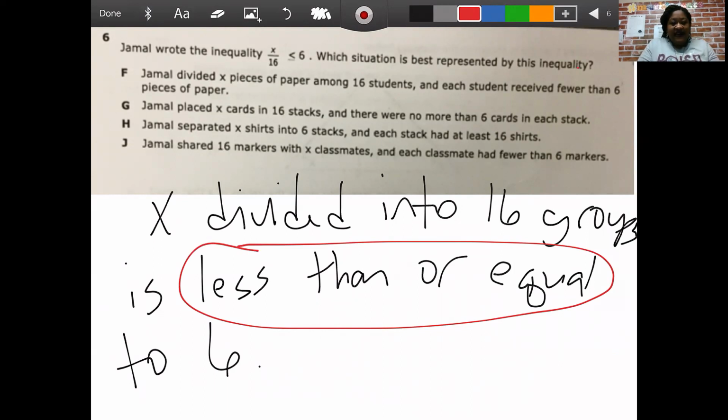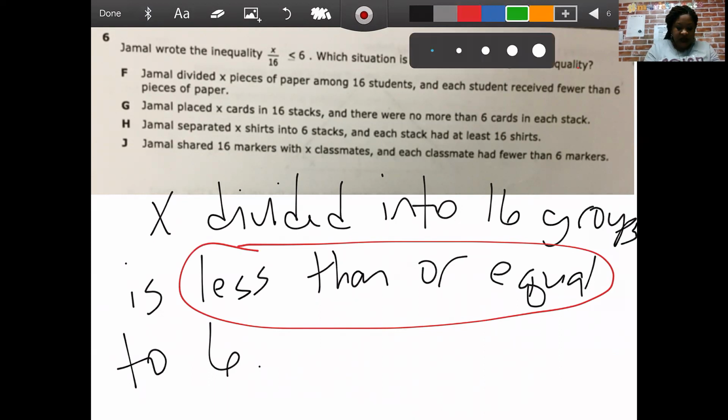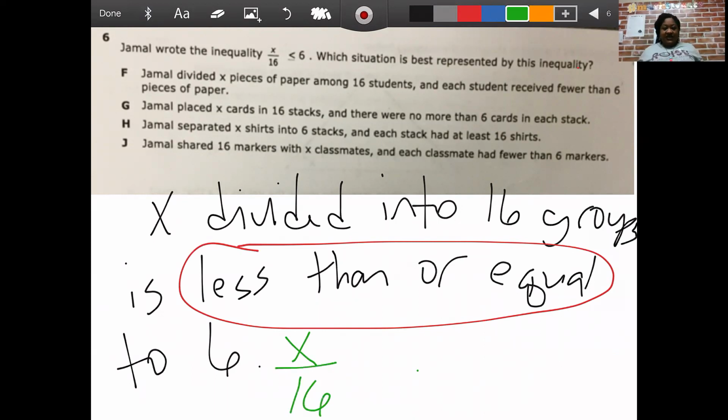Jamal divided X pieces of paper. Okay, so that's X among 16 students. So X divided by 16, and each student received fewer than 6 pieces of paper. So fewer than is this sign, but does that match this sign? No, it's not F.